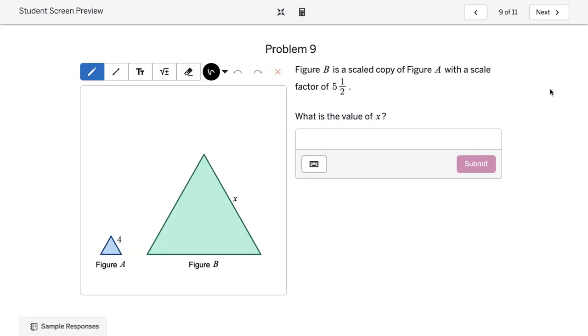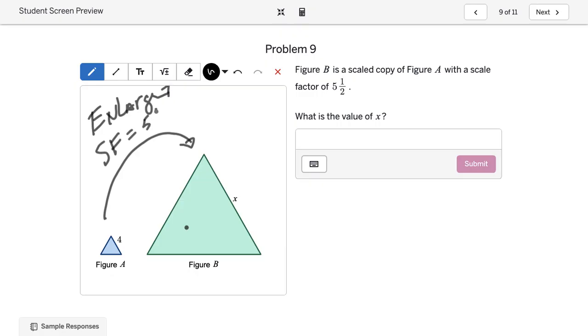Figure B is a scale copy of figure A. It's a scale factor of 5.5. What's the value of x? Well, figure B, they went from here to here, and it's an enlargement. They use a scale factor, and they give it to us, 5.5.